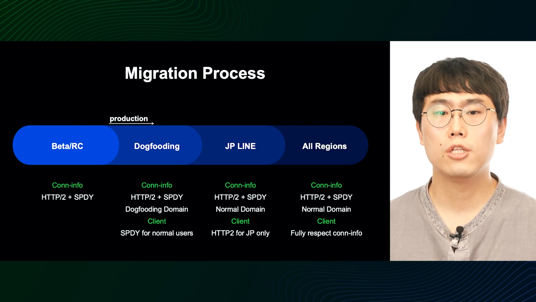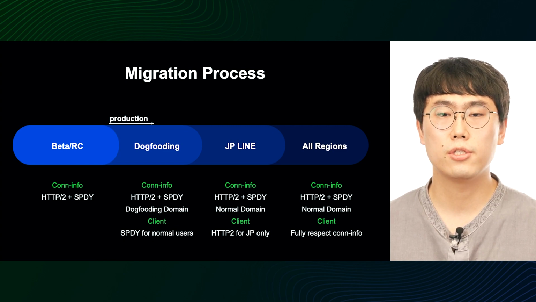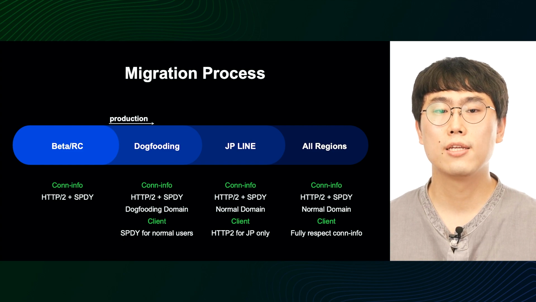We allowed HTTP2 for LINE employees first, and then LINE users in Japan, and then finally the globe. The HTTP2 entries in connection info were ignored by the client if the user is prohibited to use HTTP2.